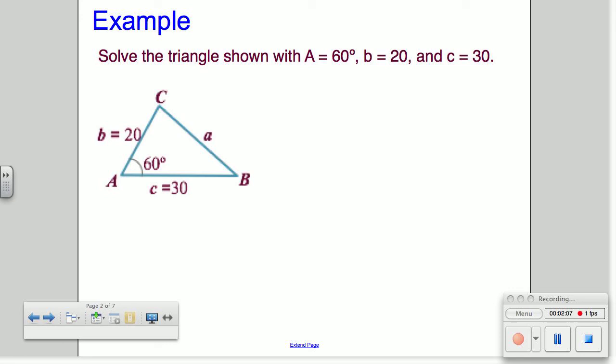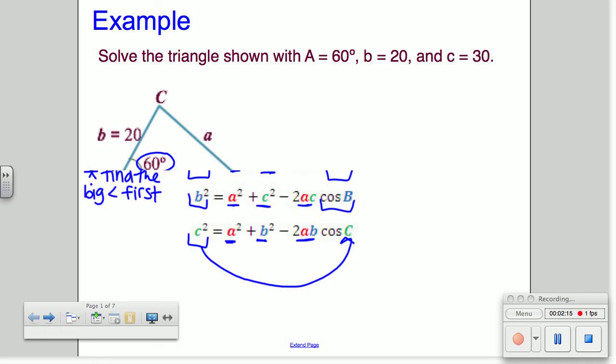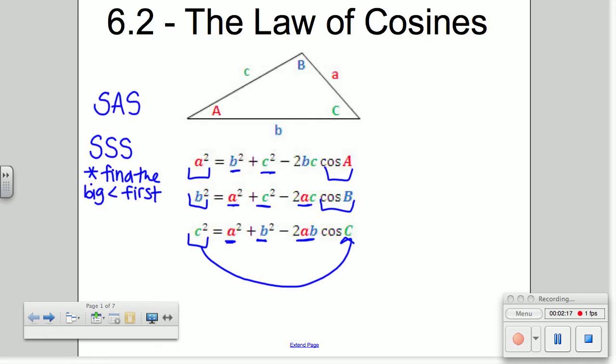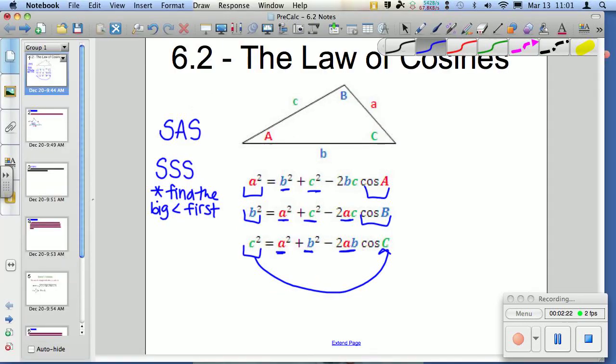I'm going to start by noticing that we have the 60-degree angle, so that's what I'm going to take the cosine of at the end. Remember, in the formulas, if it's cosine of 60, I'm going to want to use the side across from it to start.